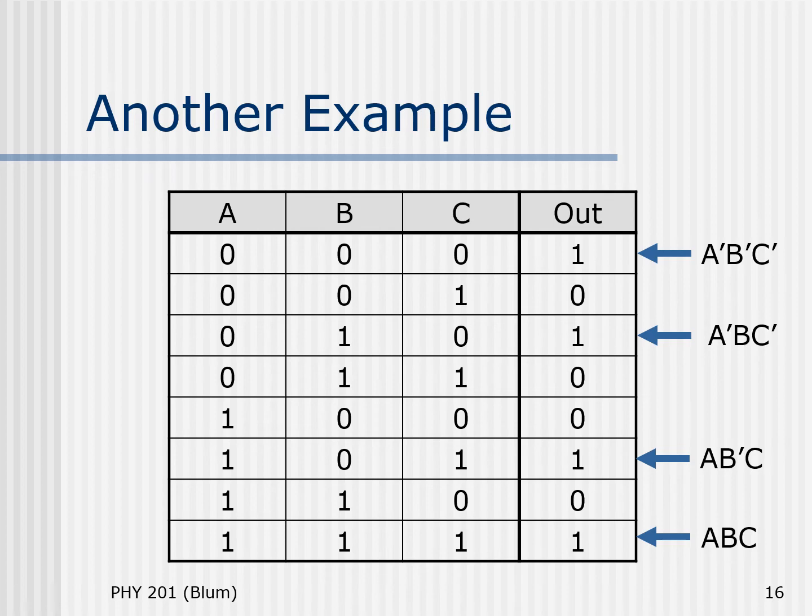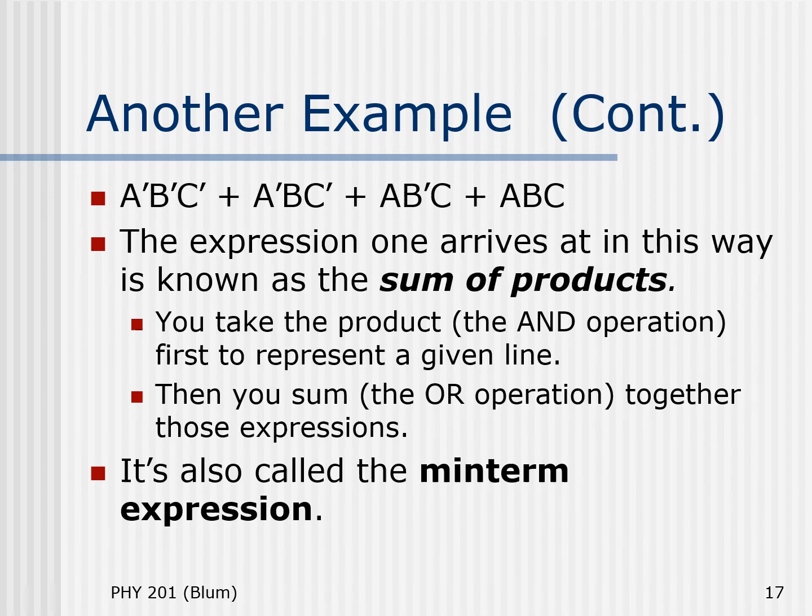The next one down that we're considering, the next blue arrow, is A prime, B, C prime. So the zeros get primed and the ones do not. And then the third blue arrow going down is A, B prime, C, and the last one is A, B, C. And we take these AND expressions and then put ORs between them.